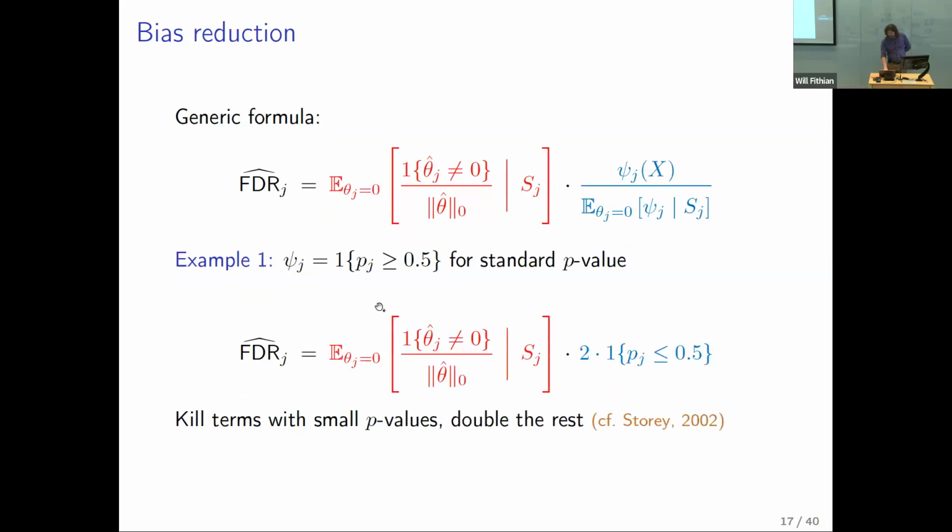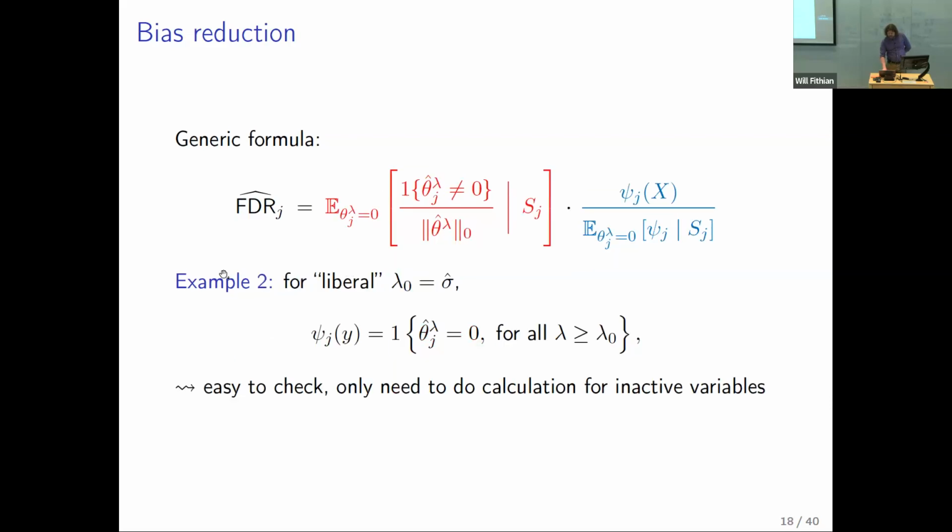Okay, so the generic formula, I'm sorry, I'll come back to this. So that was example number 1 with the p-value being bigger than 1/2. And then example number 2, if we're doing something like a lasso, where we have now theta hat lambda, then we might take some relatively liberal value of lambda, let's say lambda 0.